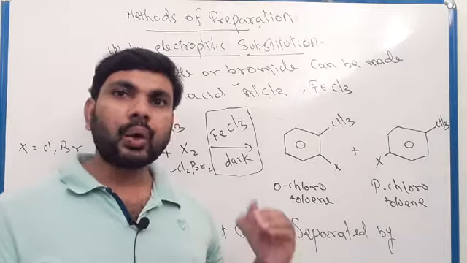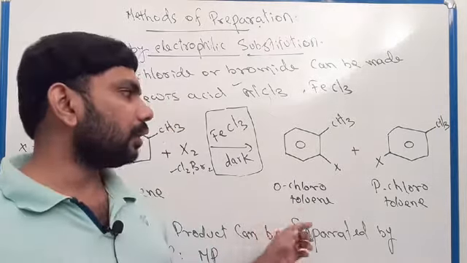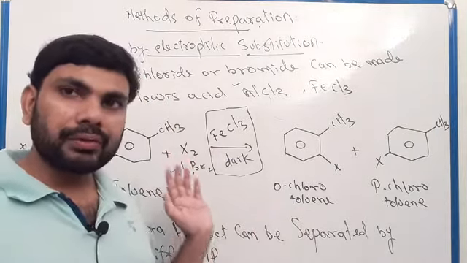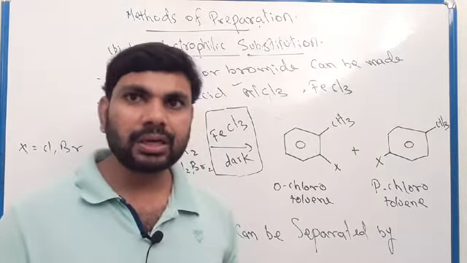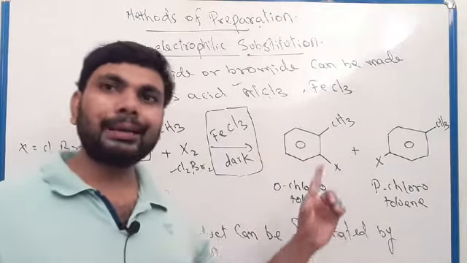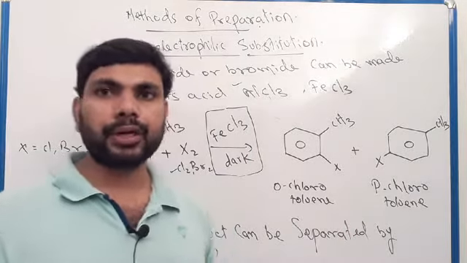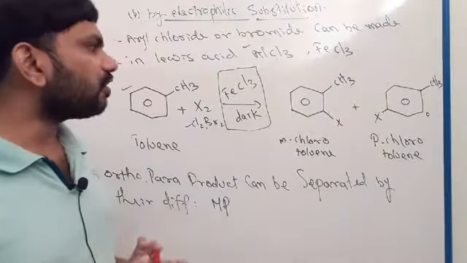So here, orthochlorotoluene. If you choose toluene reacting with chlorine in presence of AlCl3 and dark, orthochlorotoluene and parachlorotoluene will be the products. So here a mixture of products will be formed.